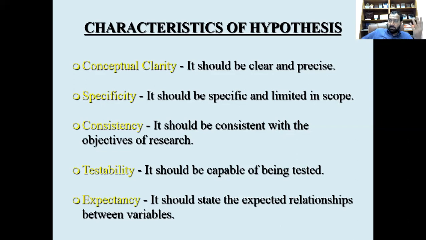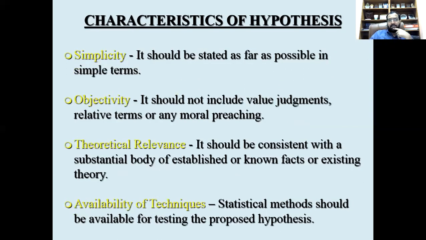So write hypotheses or research questions which can easily be tested and verified with the data. And last is expectancy: it should state the expected relationship between variables, what relationship they might have. These are some of the characteristics of a hypothesis.